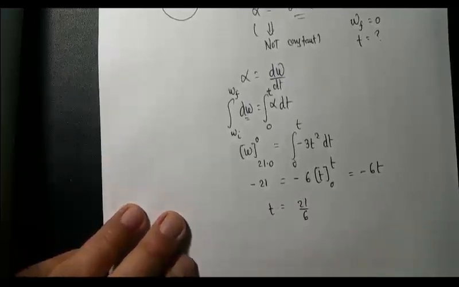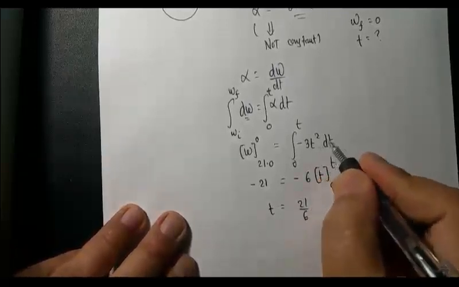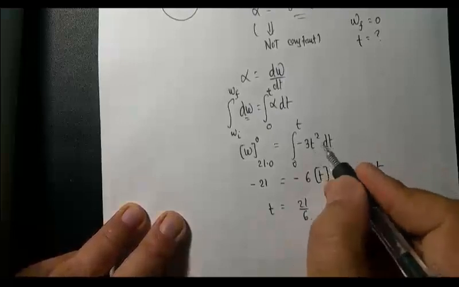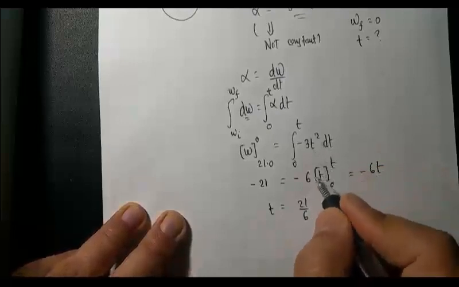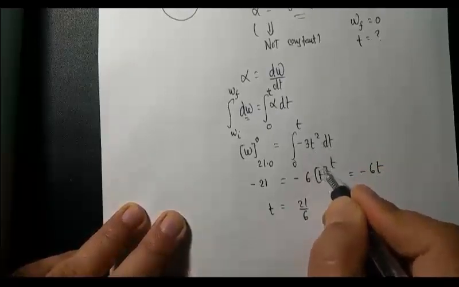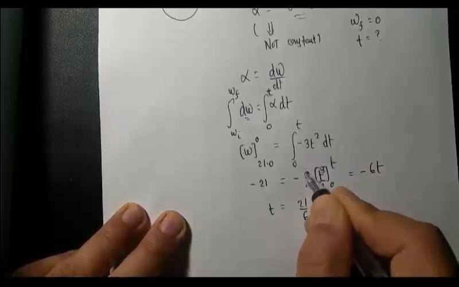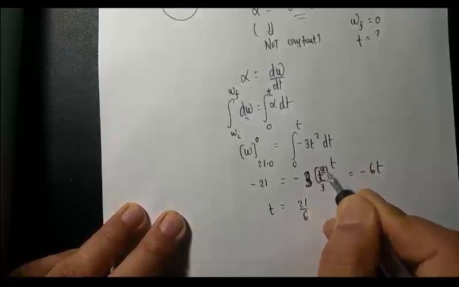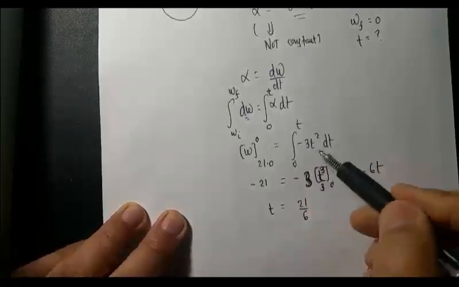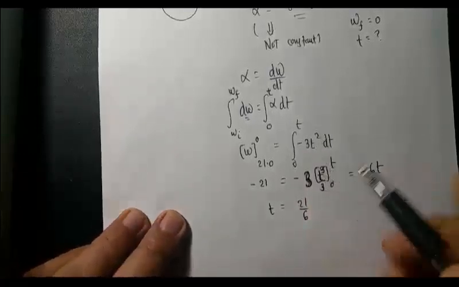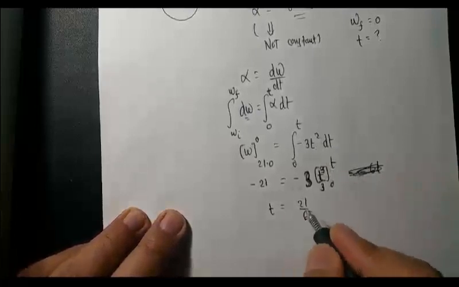I'm sorry, I made a mistake here. I'm integrating, so 3t squared gives t cubed over 3. I was doing a derivative. The integration of t squared is t cubed over 3, and then you put in the limits.